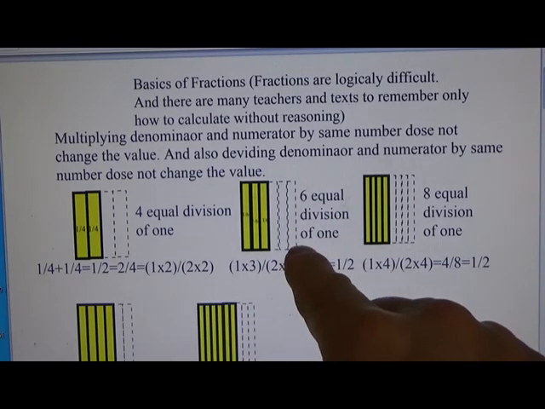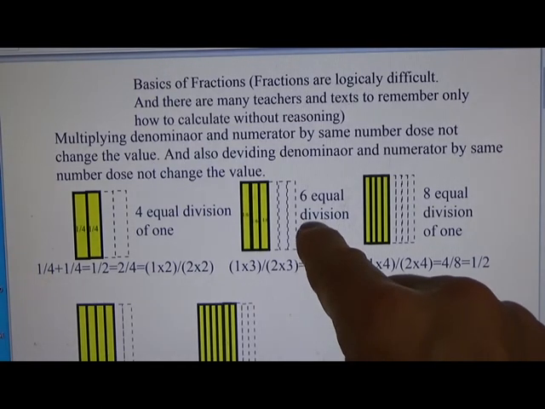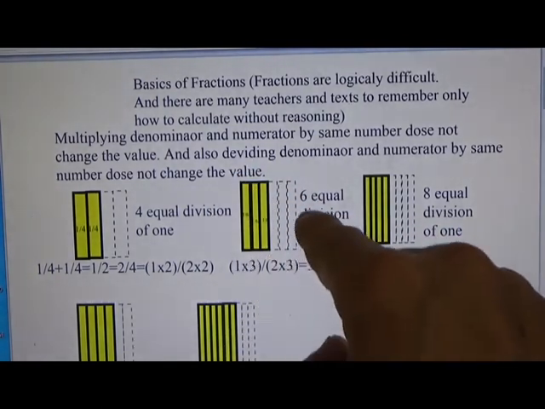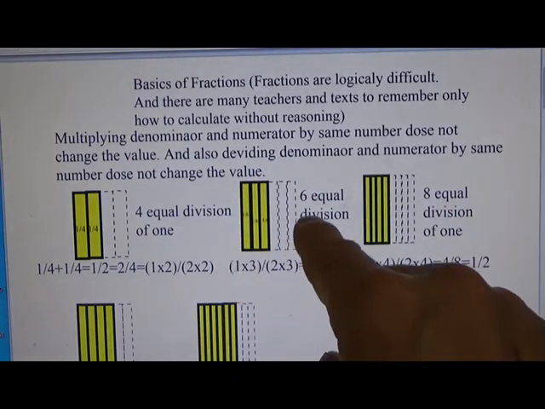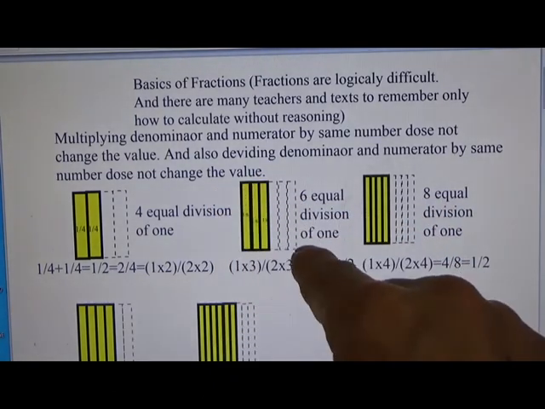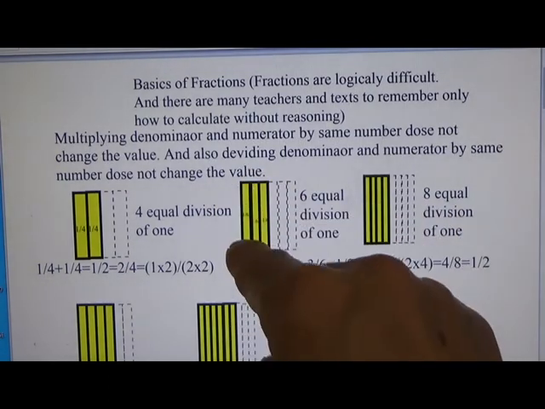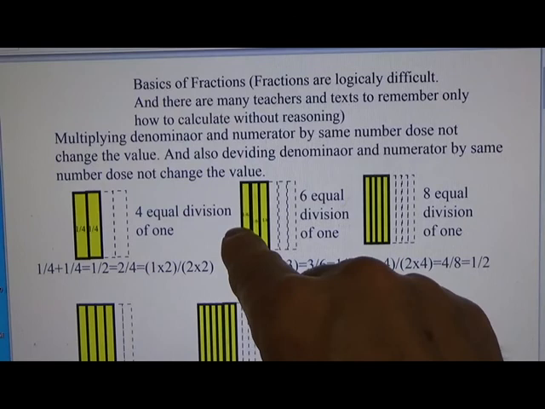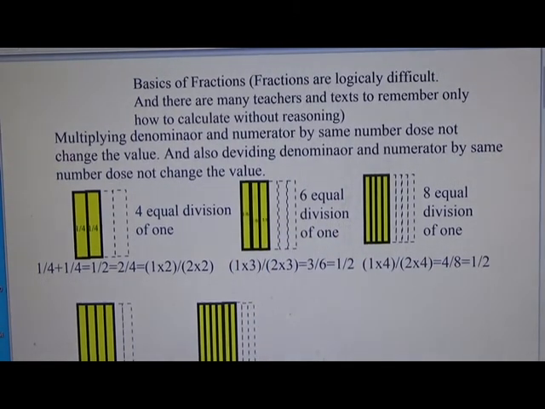And this is the same as a 3 equal division of 1. This is a 6 equal division of 1. This dotted line is quantity 1, and each yellow part is 1/6.